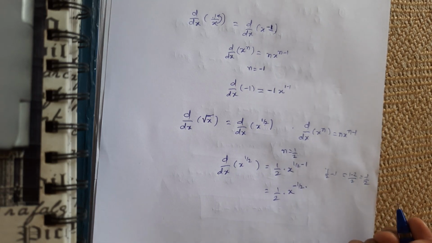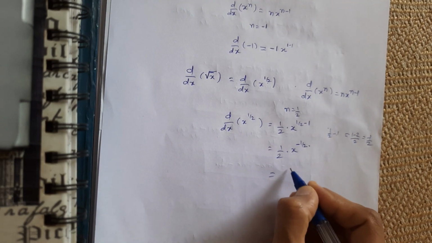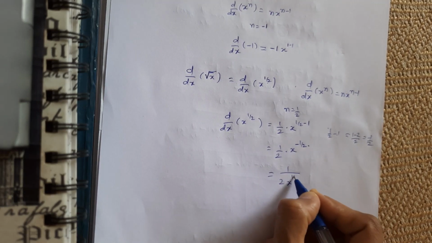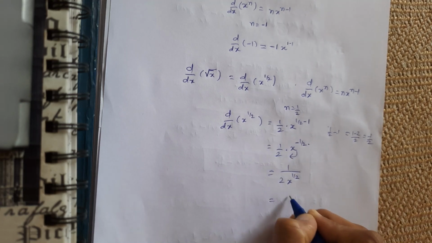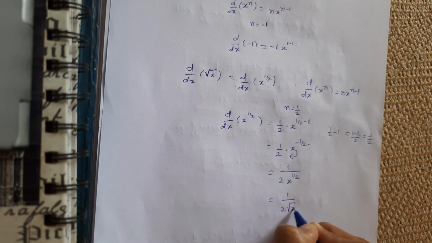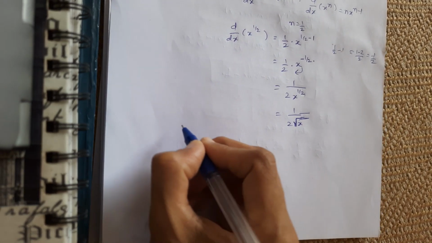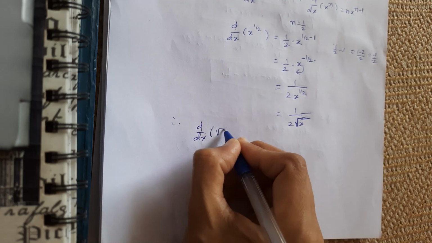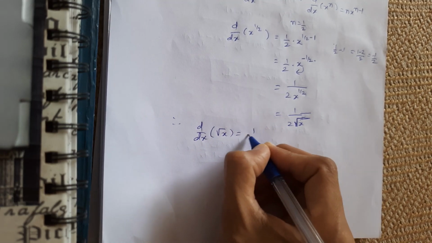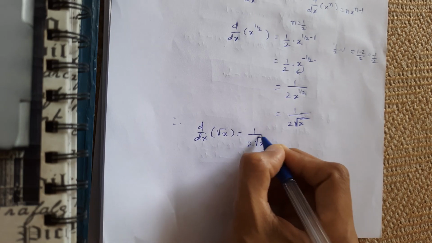So this I can write as 1 upon 2 x to the power 1 by 2. I am writing this in the denominator, so it becomes positive. Or 1 upon 2 root x, since power 1 by 2 means root x. So finally, d/dx of root x equals 1 upon 2 root x.